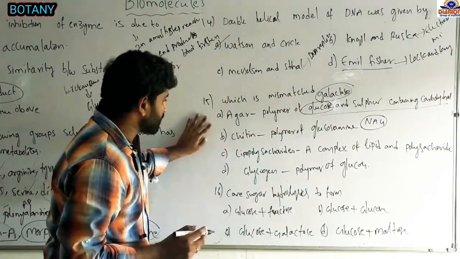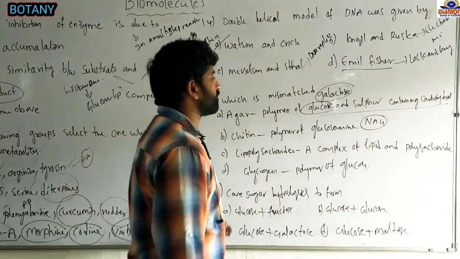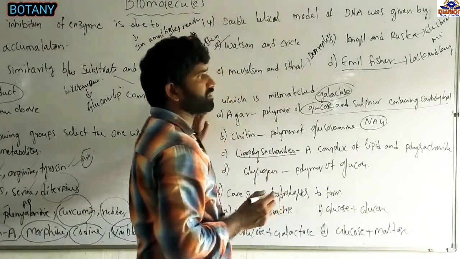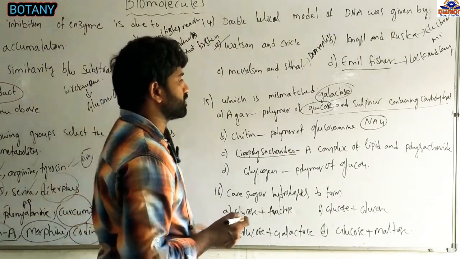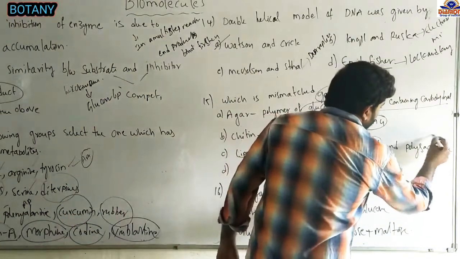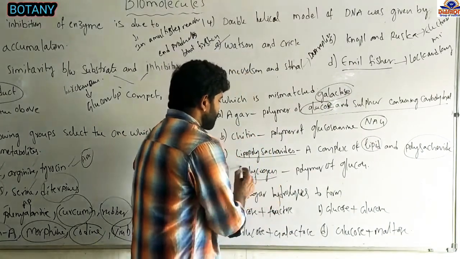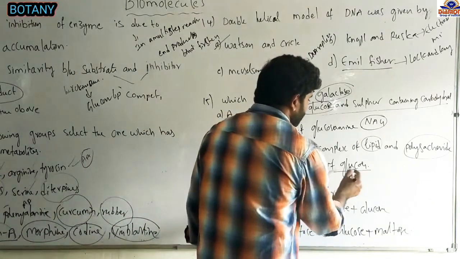And option C, lipopolysaccharides. Lipopolysaccharides are complexes of lipids and polysaccharides, as we have seen above in cell membranes. And glycogen. Glycogen is the reserve food material in animals, and it is made up of a polymer of glucose.